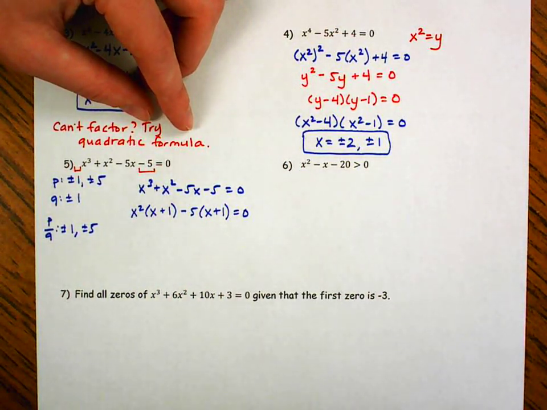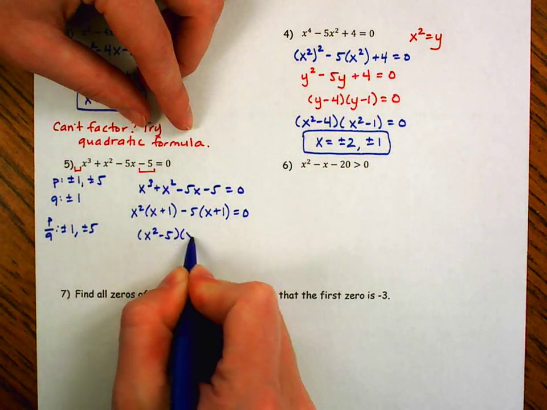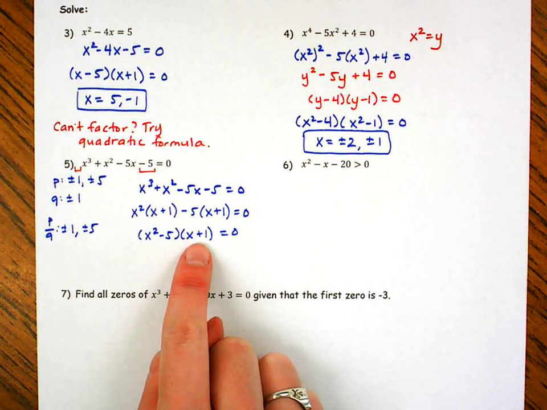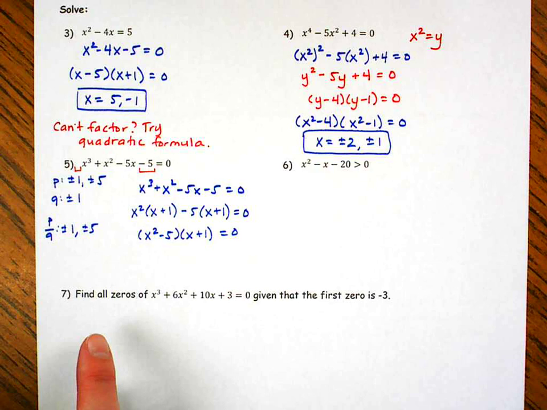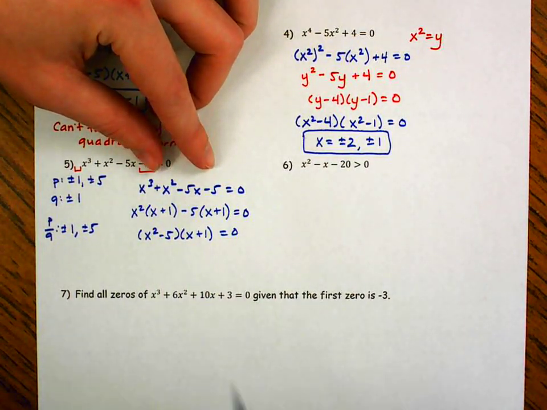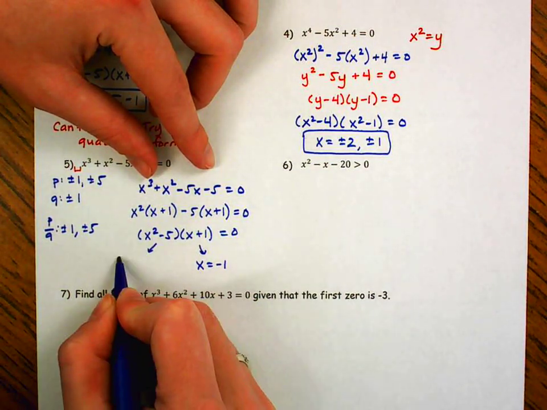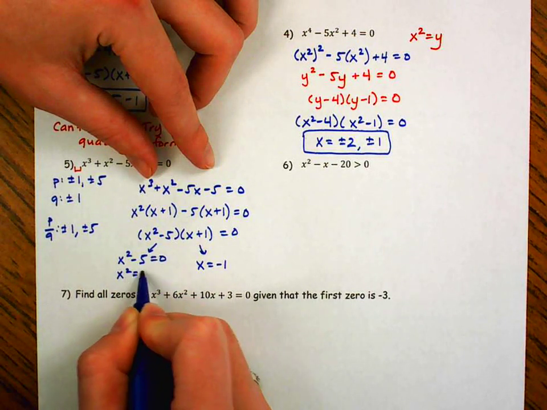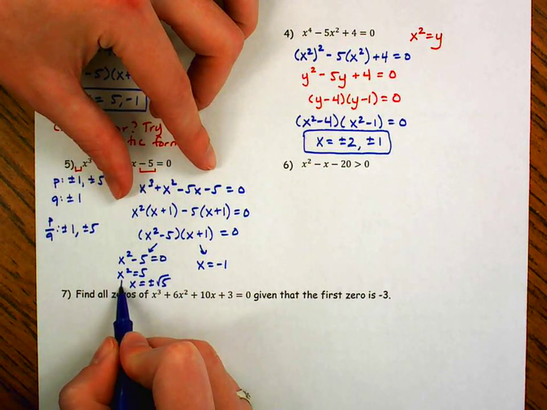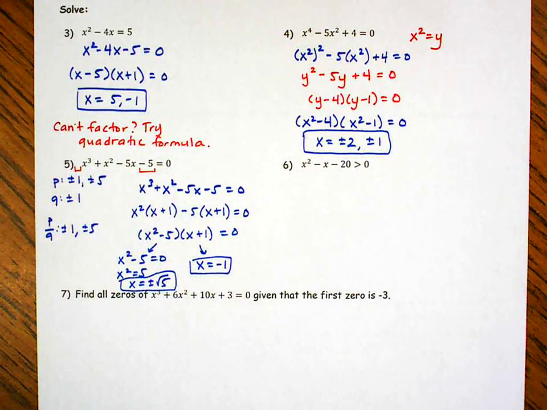And you'll notice that when I do that, I have an x plus 1 in both places. So if I did do synthetic division, it turns out that my negative 1 was actually a good check if we had tested that first. So the zero of this is going to be x equals negative 1. But for this one, I'm actually going to have to... Okay, so my answers are x equals plus or minus root 5, and x equals negative 1. I'm going to pause this video and then I'll do the second part in a moment.